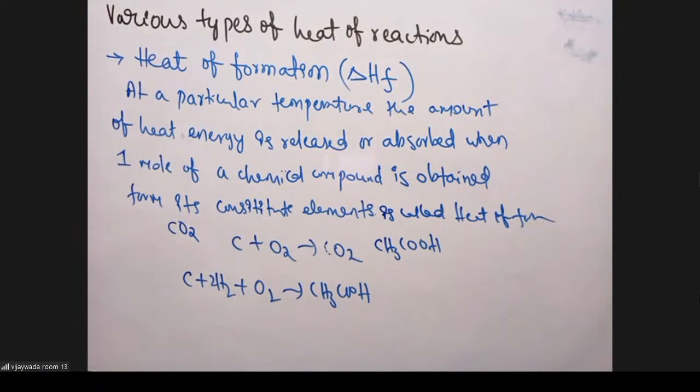Students, are you getting it or not? Acetic acid can be prepared from different sources, but it is this method, this reaction, from which if you get acetic acid, that is called heat of formation.